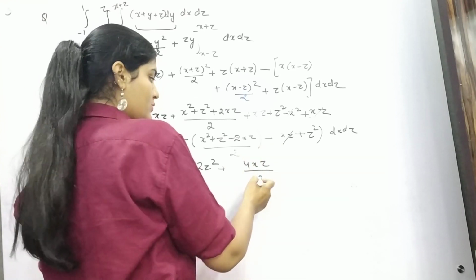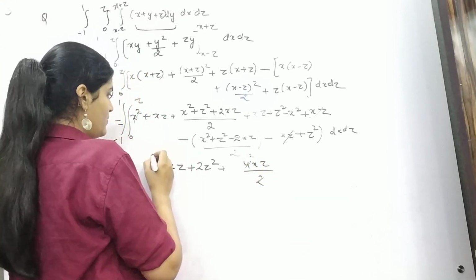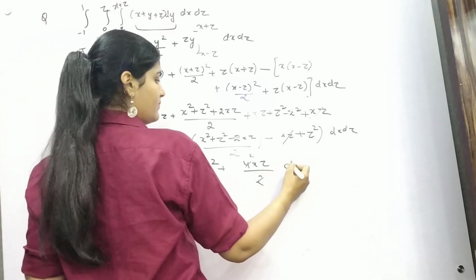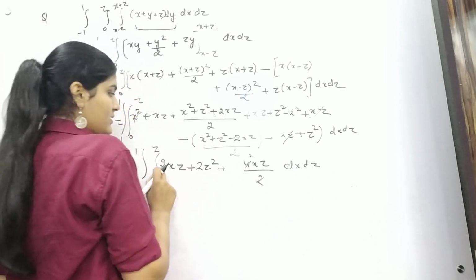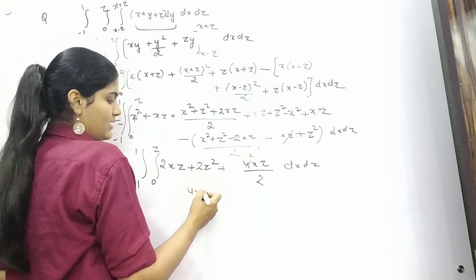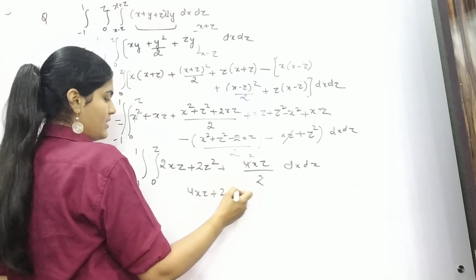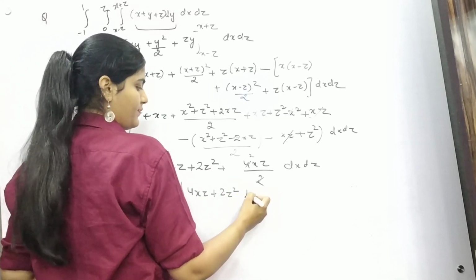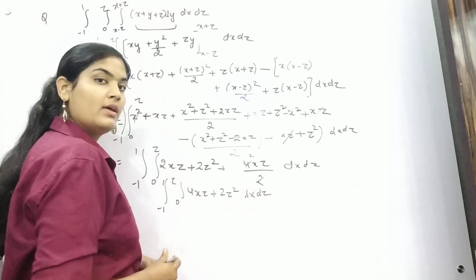So this will be 2 times 2, limit 0 to z, minus 1 to 1. So this is 4xz plus 2z square, limit 0 to z, minus 1 to 1.